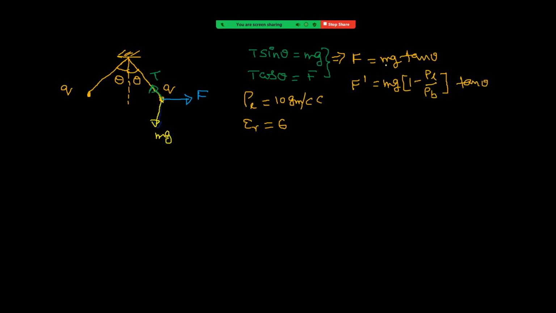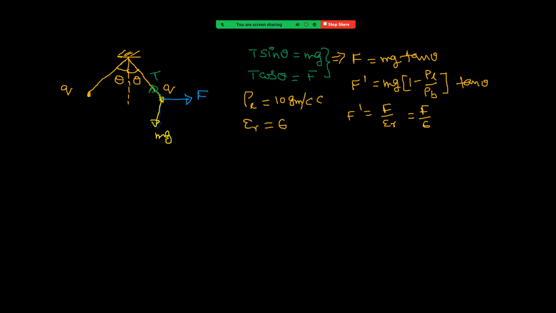Right? Let us now take the ratio F by F dash. What are we going to get? In the place of F dash, we can write F by the relative permittivity, so it becomes F by 6, right?